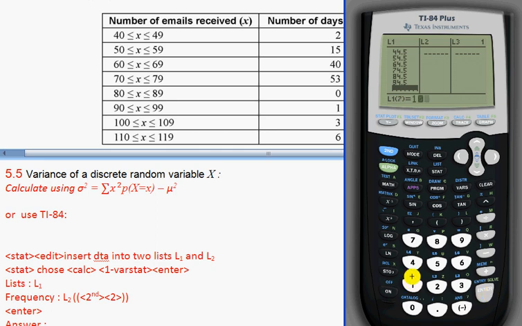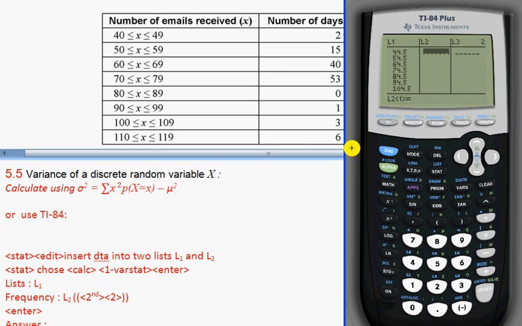Now we move to the right and we put frequency 2, enter, 15, enter. 40, enter. 53, enter.